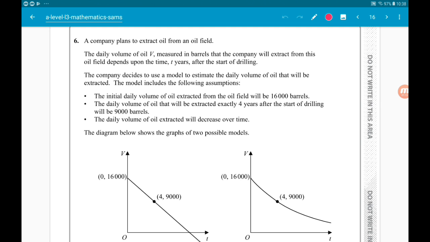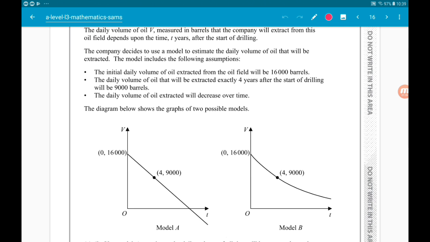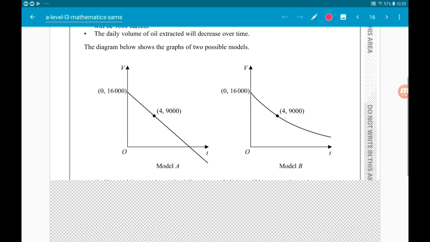The daily volume of oil extracted will decrease over time. The diagram below shows the graphs of two possible models. So the one on the left is a linear model and the one on the right is exponential.